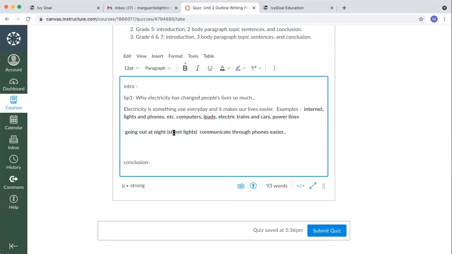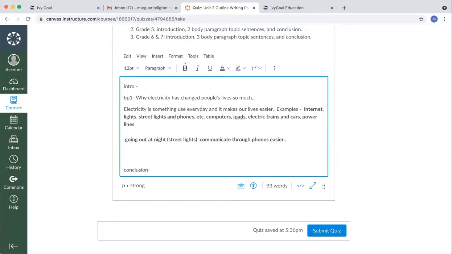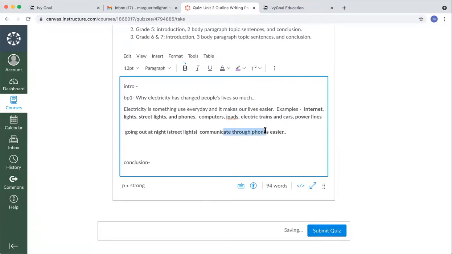Yeah, there's a relationship, right? So like internet, lights, street lights, and phones. We said communicate through phones, right? So it's sort of repetitive, right? Yeah. So I'm just going to leave that like that. Okay, very good. So now we kind of have an idea.